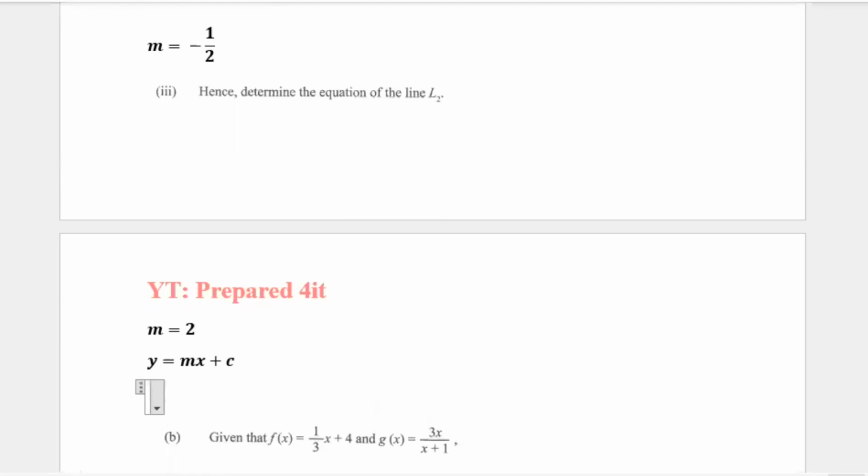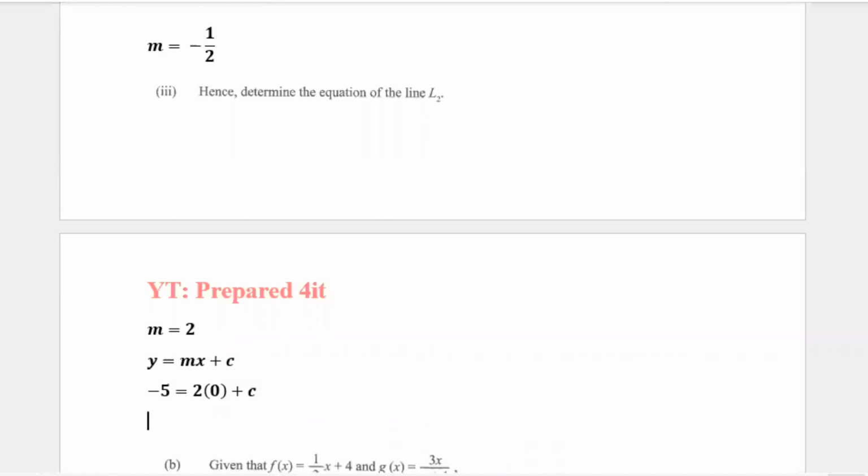our y value was -5, is equal to our gradient of 2 times our x value of 0, because remember it was 0, -5, plus c. Very good. And what we'll get is -5 is equal to 2 times 0 is 0 plus c. So therefore, -5 is equal to c.